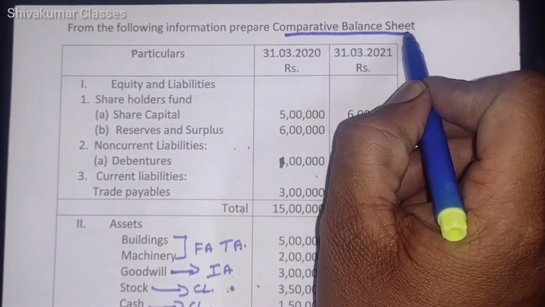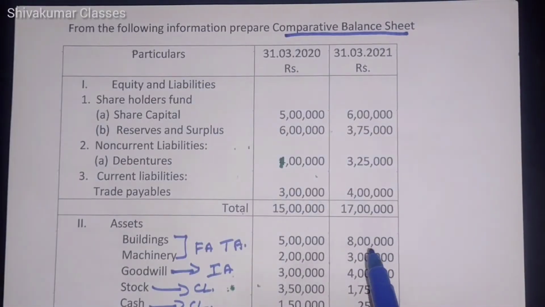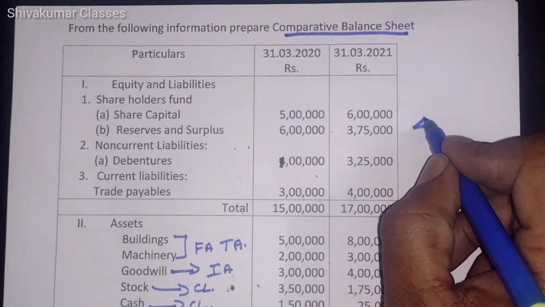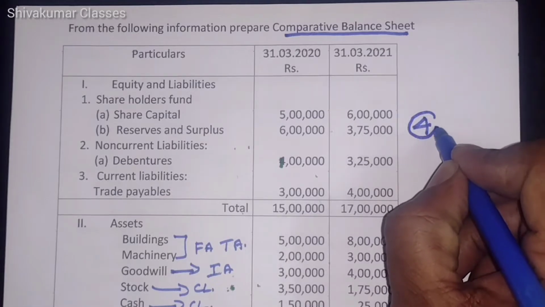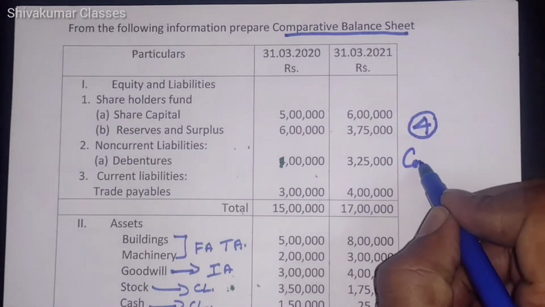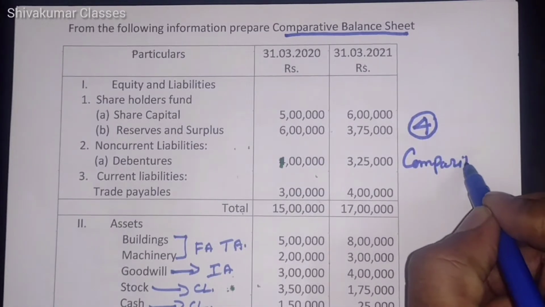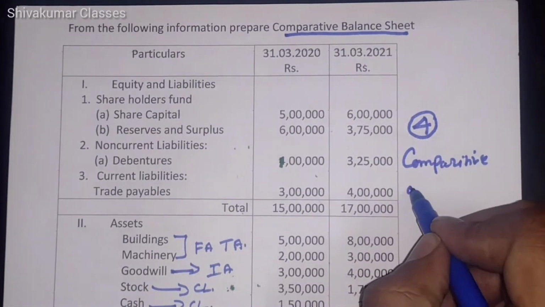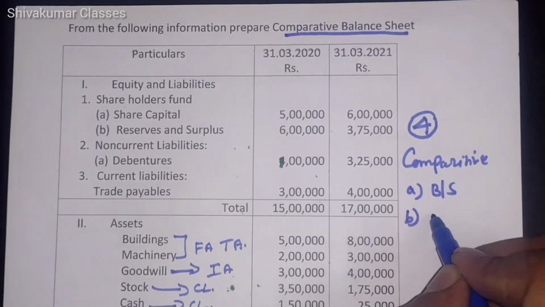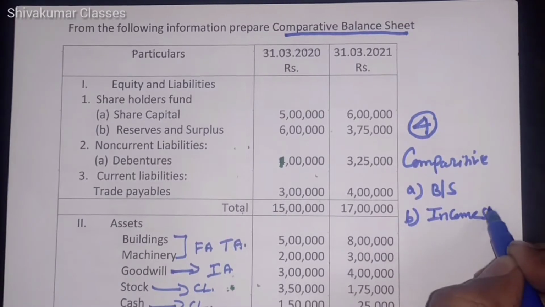Comparative balance sheet. Actually, as per this chapter, overall 4 different problems we need to work out. 2 are based on comparative. Under this comparative, first one is balance sheet and second one is the income statement.